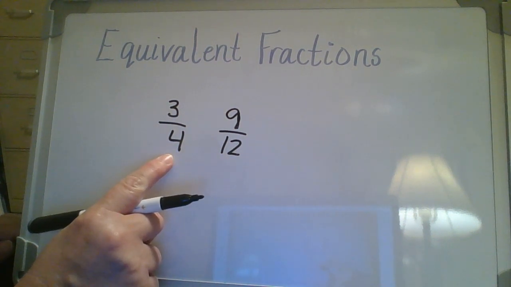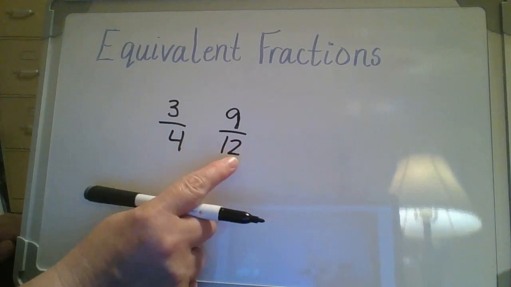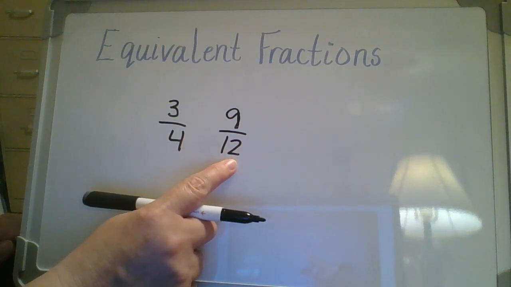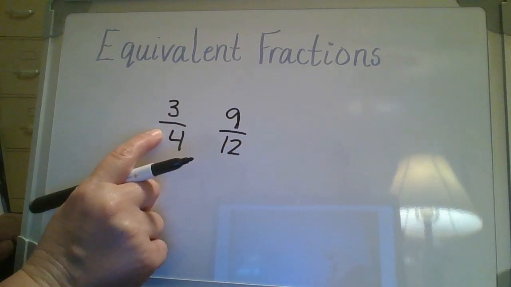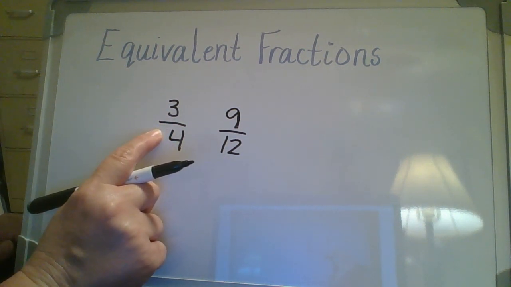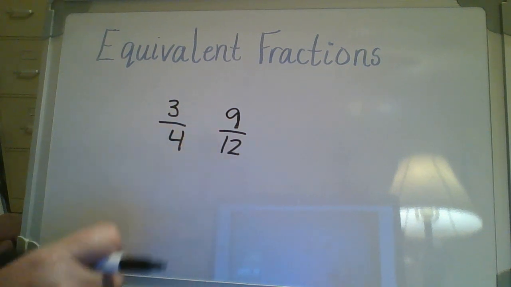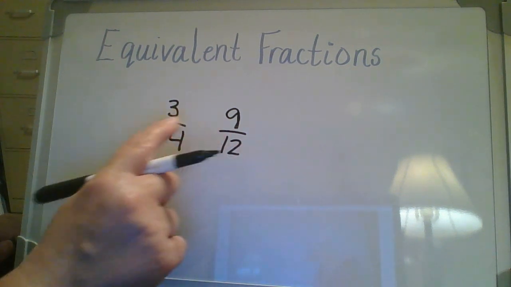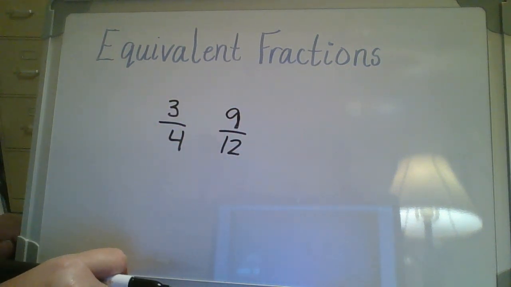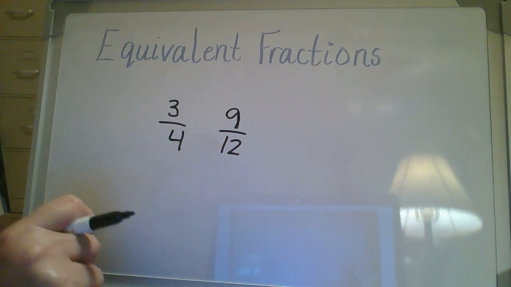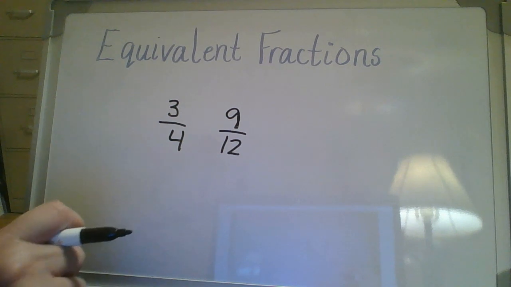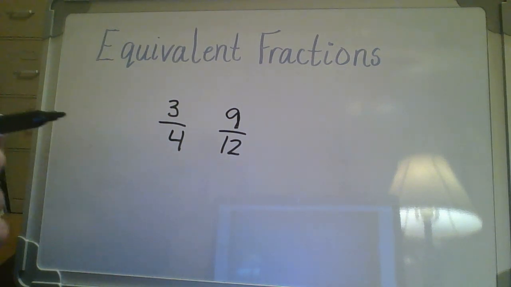Well, I could draw a circle and divide it into fourths, and I could draw a circle and divide it into twelfths, and I could shade in 3 of the 4 parts, and I could shade in 9 of the 12 parts, and I could see if the area is the same. Or I can do a little trick. So let me show you what that trick is.